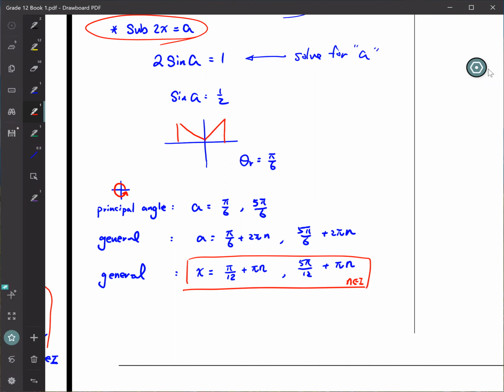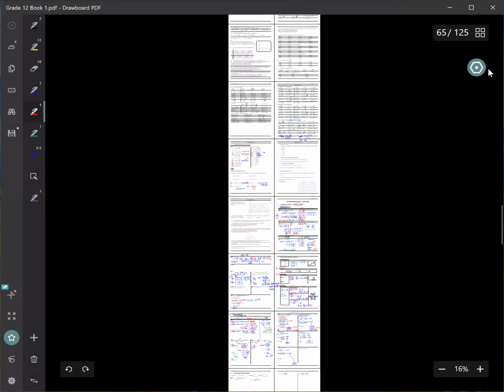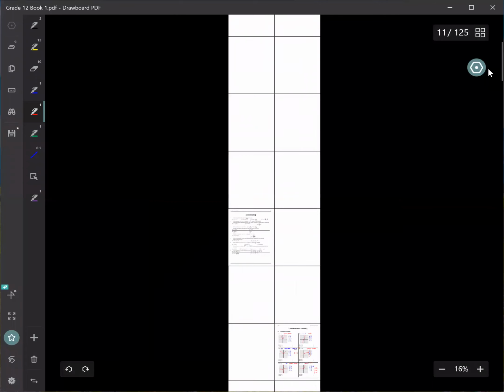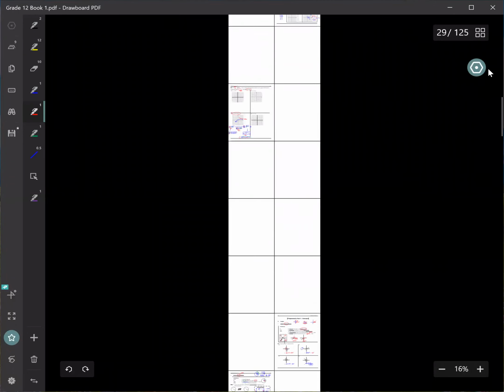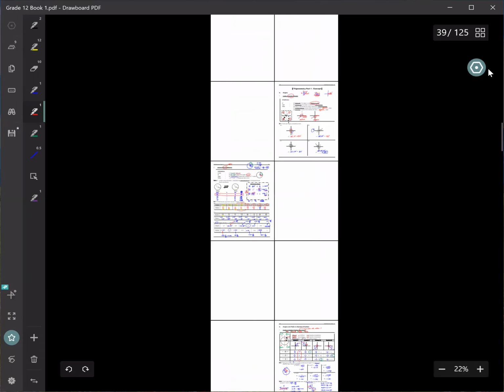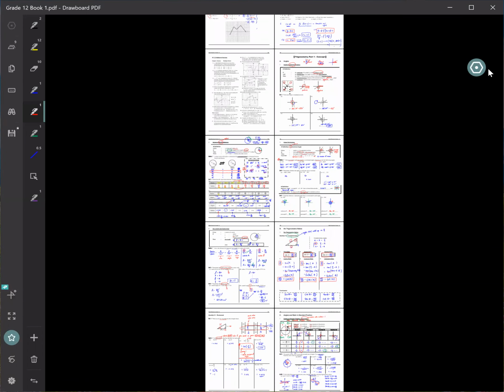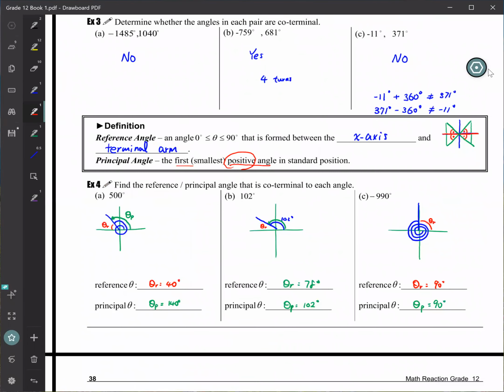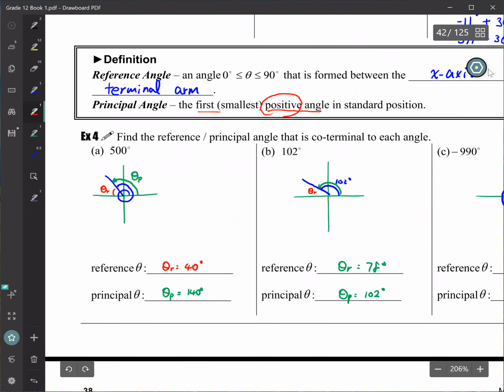Principal angle, okay, let's go back to the very beginning when we learn trig. It's the same meaning as before. Let me pull that out. Principal angle is the first positive angle in standard position. Over here, you have a terminal arm and then you turn, the green one.